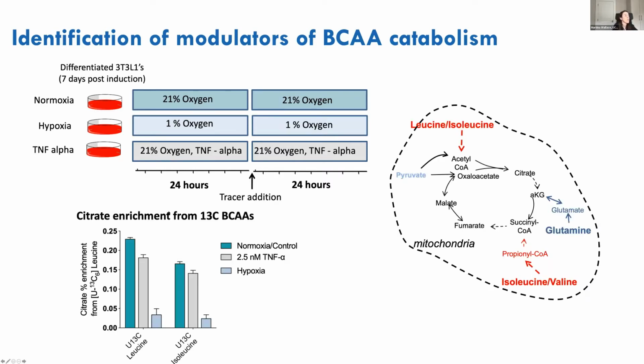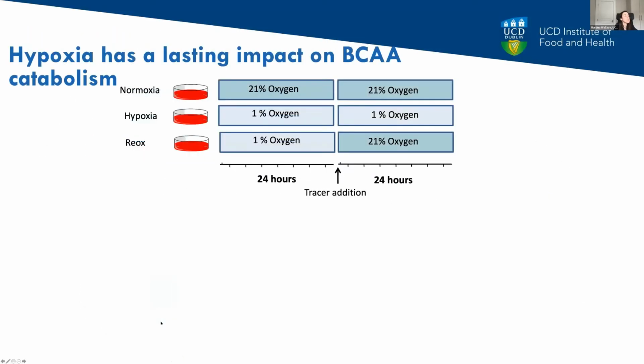And what I found was that when I looked at citrate enrichment from branched-chain amino acids as an indicator of how active the catabolic pathway was, TNF-alpha had caused a subtle decrease in catabolism, but hypoxia really potently suppressed the use of branched-chain amino acids for the TCA cycle. So we then wanted to see how long it takes the cells to recover after this.